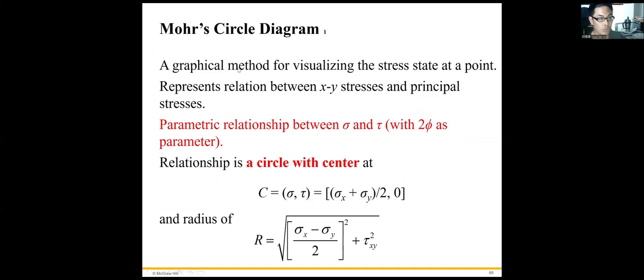So we'll go back to Mohr's circle, a graphic method for visualizing the stress state at a point. It represents the relation between the xy stresses and the principal stresses, and the parametric relation between the normal stress and shear stress with 2 theta, either 2 theta P or 2 theta S. The relation is the circle, Mohr's circle, with the center and the radius.